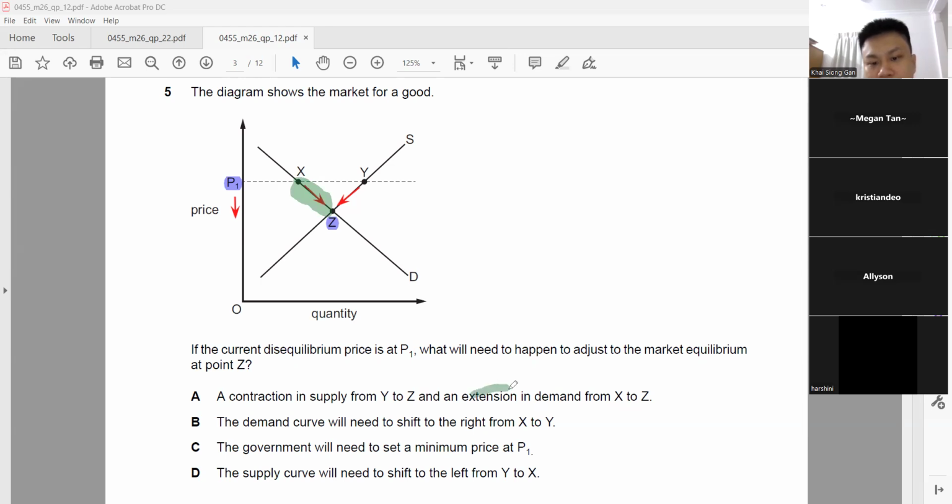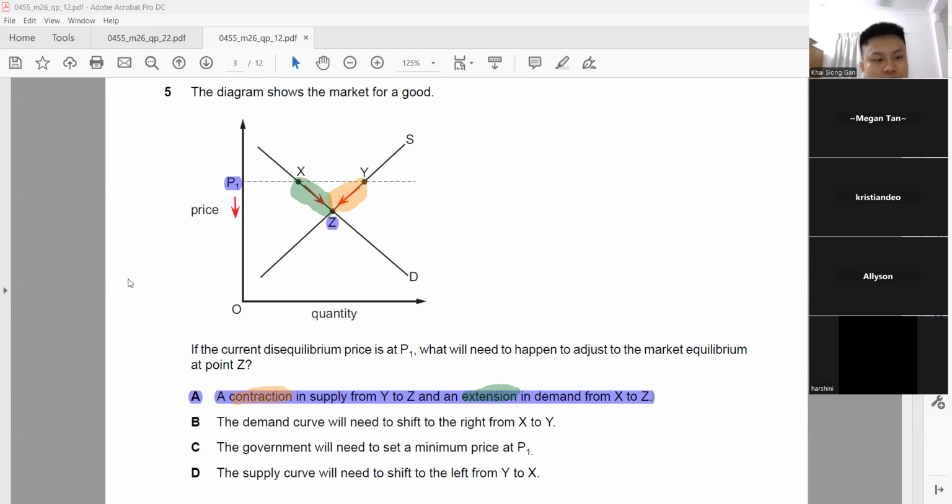On the other hand, lower price results in lower quantity supplied. That's what I call contraction in supply. So you can see the movement along the demand and supply curve due to the price factor itself, when the price falls to adjust back to the equilibrium. So the answer is A.